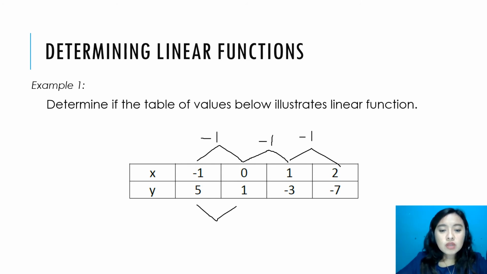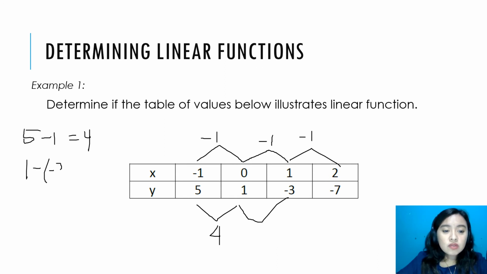So, kung atong isubtract 5 minus 1, that is just 4. Okay, 5 minus 1, that is equal to 4. Okay, the next one, we have 1 minus negative 3. 1 minus negative 3 is simply equal to, again, 4.